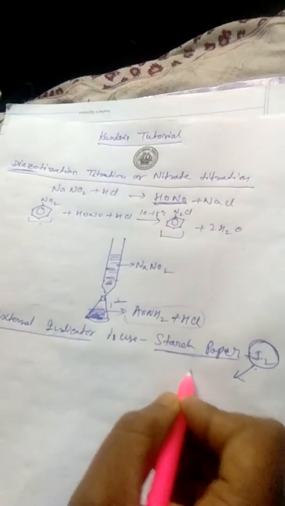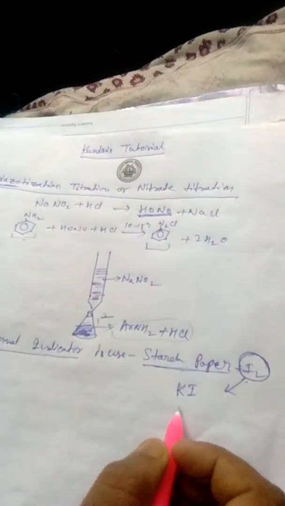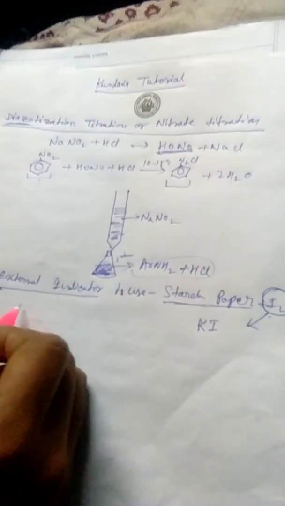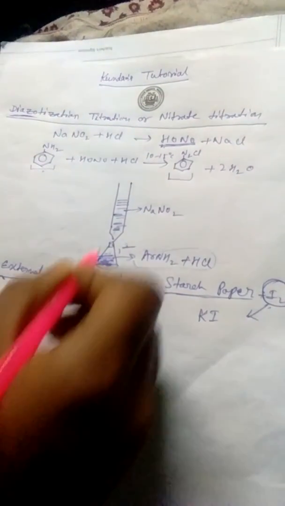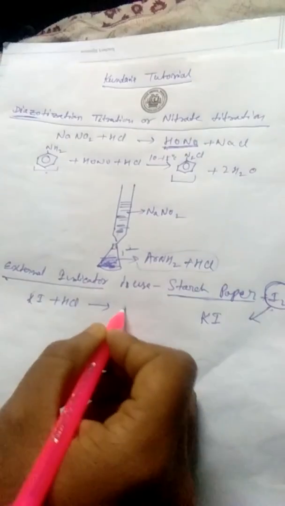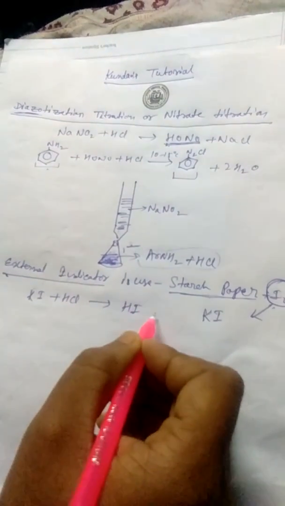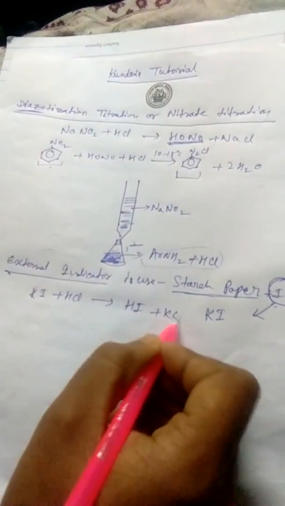In place of I2 we will take KI, potassium iodide. This potassium iodide is added in the solution. So this potassium iodide, KI, reacts with HCl, the acid present in this medium, to give rise to HI, hydrogen iodide, plus potassium chloride.